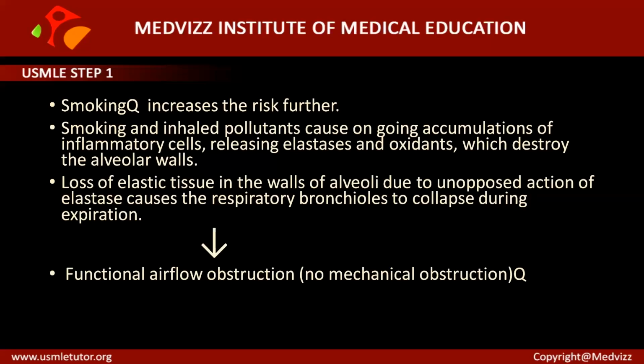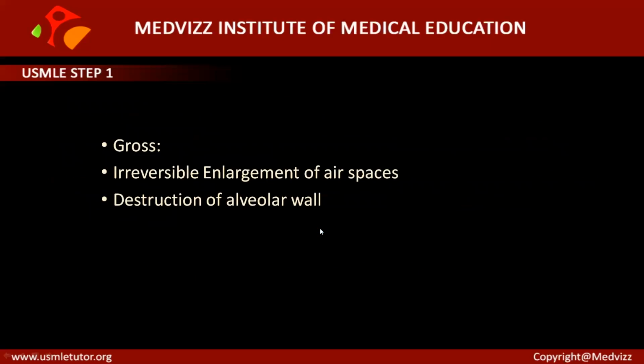So now let us talk about gross findings. Overall, whatever the type of emphysema you see, there will be irreversible enlargement of air spaces and destruction of the alveolar walls.